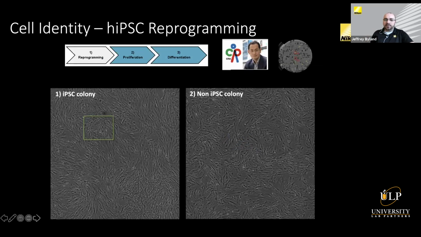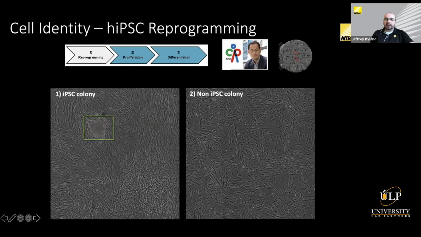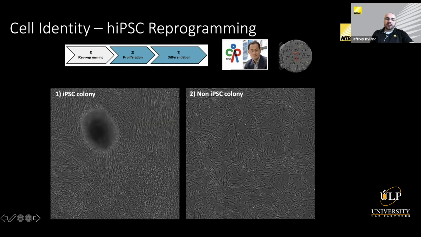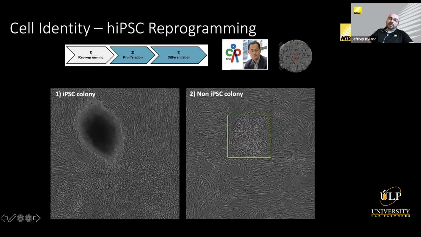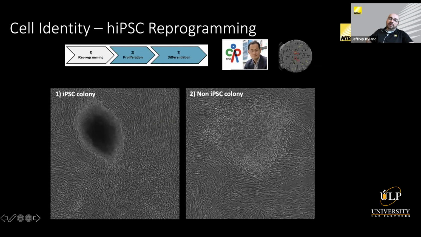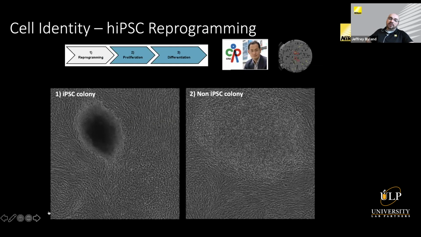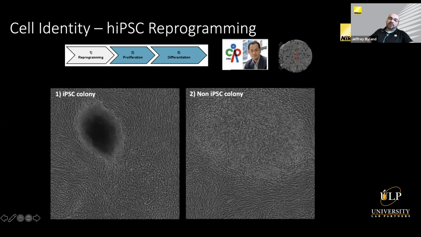So if we move to the next slide, here is an example of doing that in the context of stem cells. So stem cells, especially human-induced pluripotent stem cells, are important in research and regenerative medicine, but it's not always a given that your iPS cells will be created, that you're going to create stem cells from your source material.